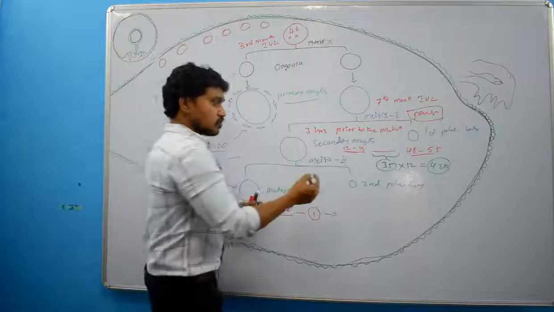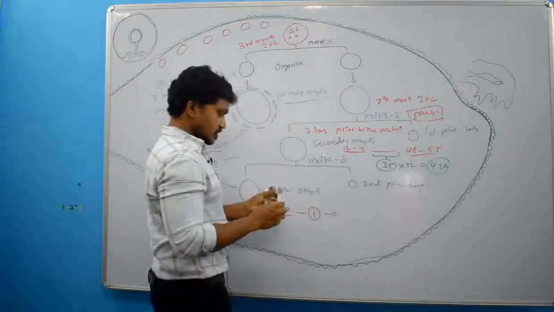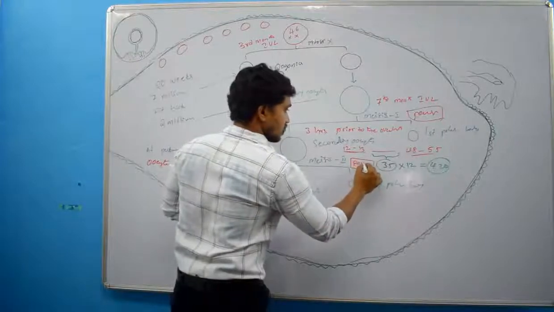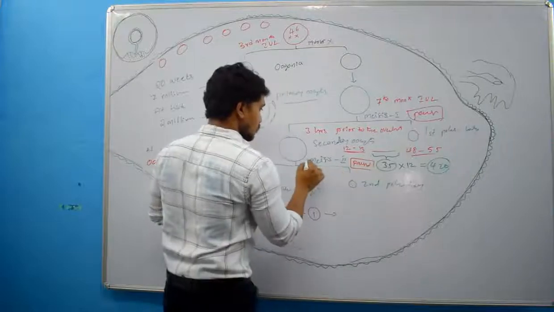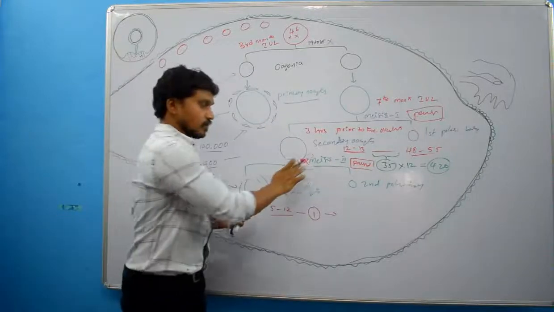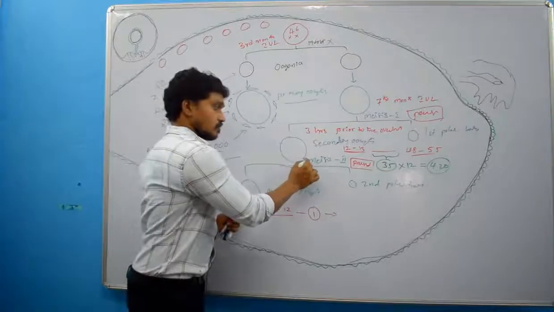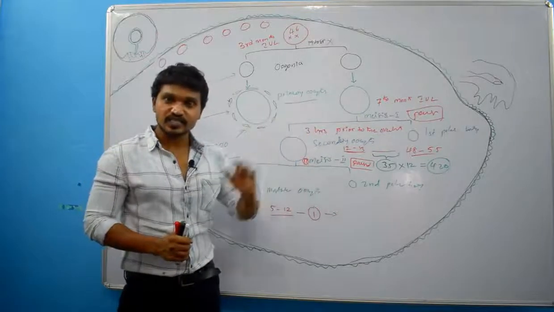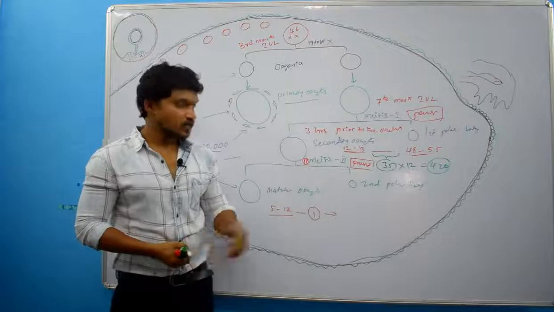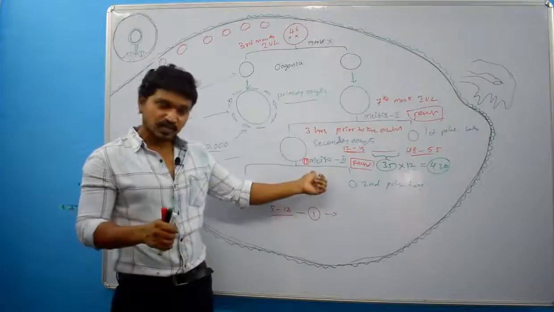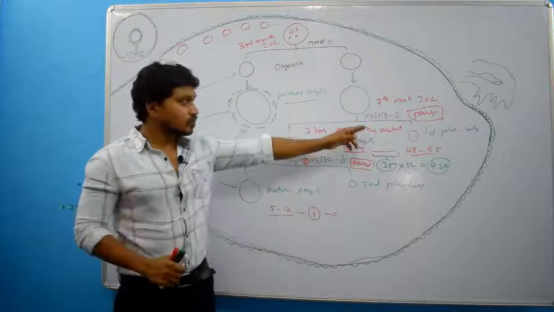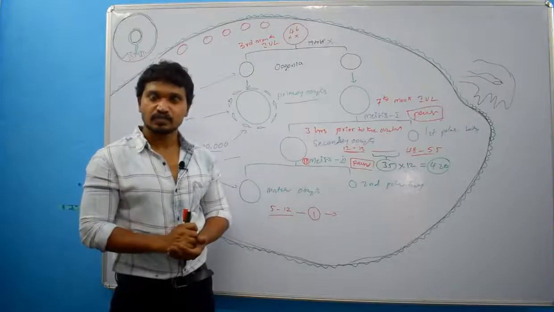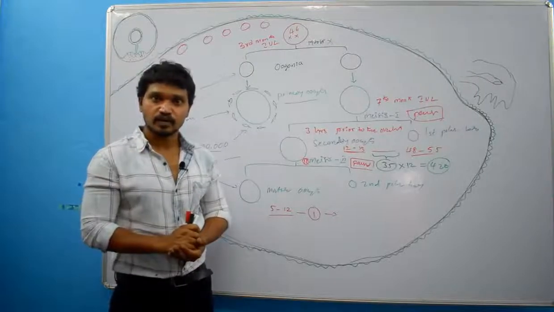In metaphase 2, meiosis 2 will be paused again, here. Meiosis 1 is arrested, meiosis 2 is also arrested. Meiosis 2 will arrest at metaphase 2. Meiosis 1 will arrest at the diplotene stage of prophase 1. Clear?